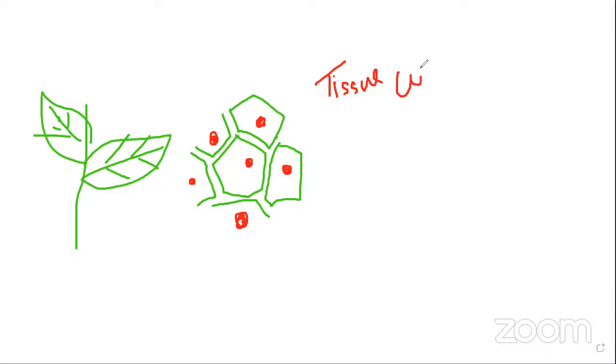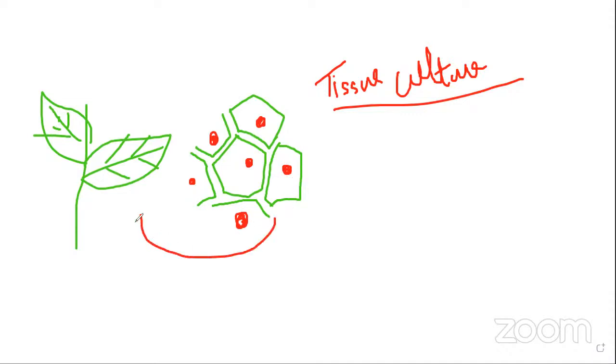You have to take one of the cells, which has the ability to produce the entire plant. A single cell producing the entire plant is called totipotency. That ability is called totipotency.